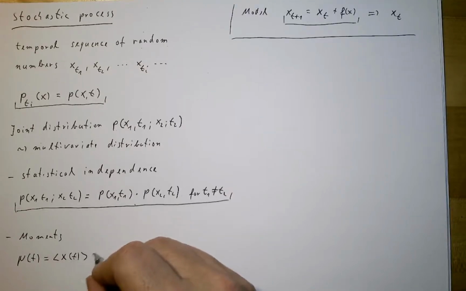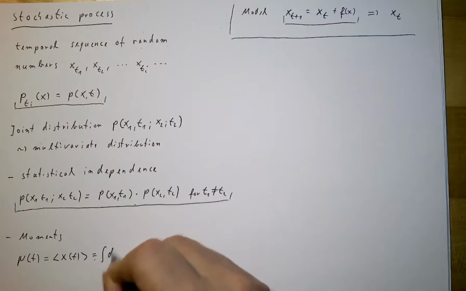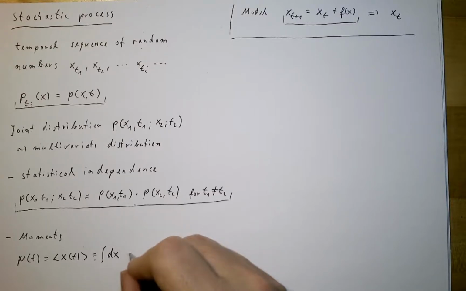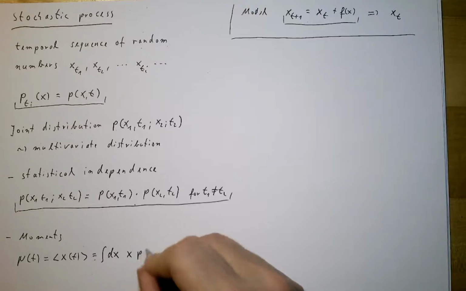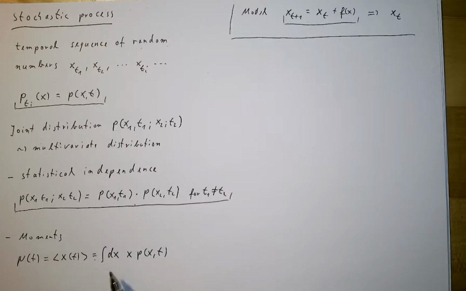The expectation value, we need to integrate over x, and then we have x times our probability distribution for x. So this means if we have expectation values like the moments, these are functions of time.